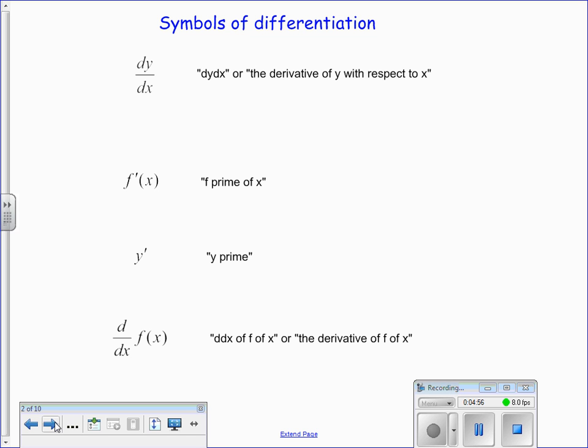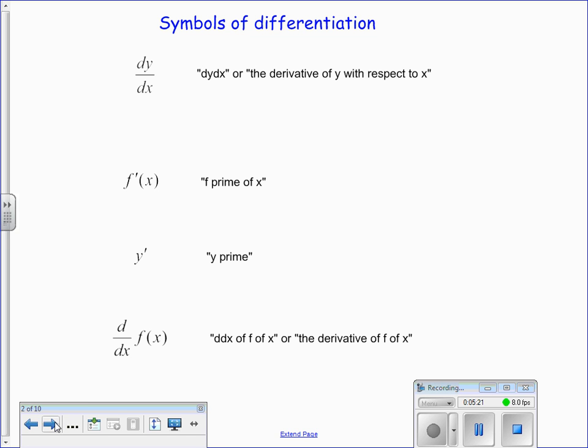Okay, d dx of f of x, or the derivative of f of x. D dx means taking the derivative with respect to x. The d comes from delta or change; dy dx is the change in y over the change in x, technically. But dy dx, that is just a notation.